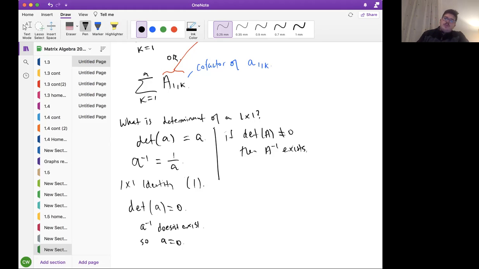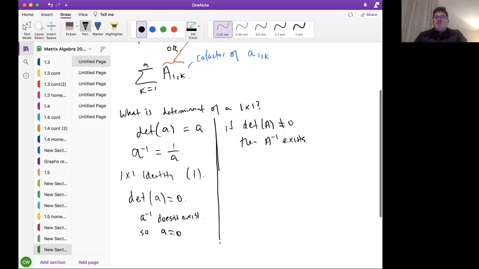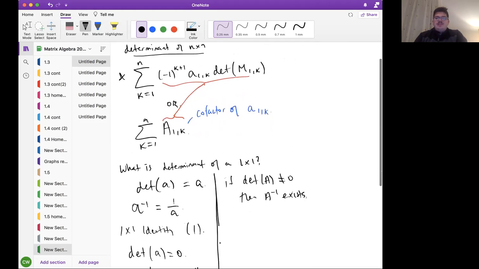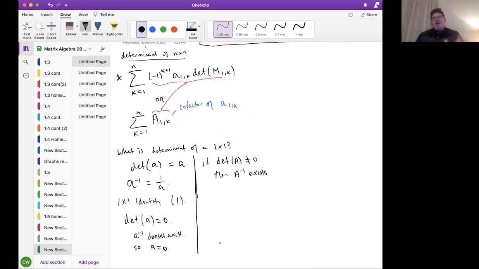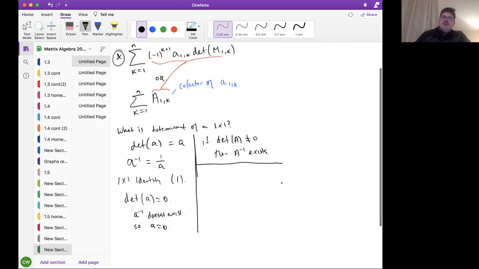So now, when doing the determinant of an n by n, can you say what part of the formula doesn't make sense for 1x1? For example, yeah, the M11.